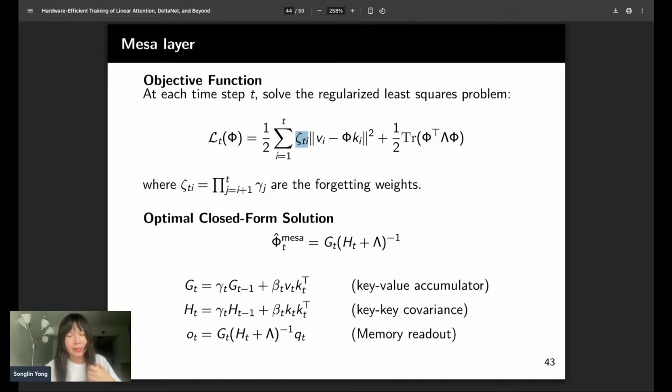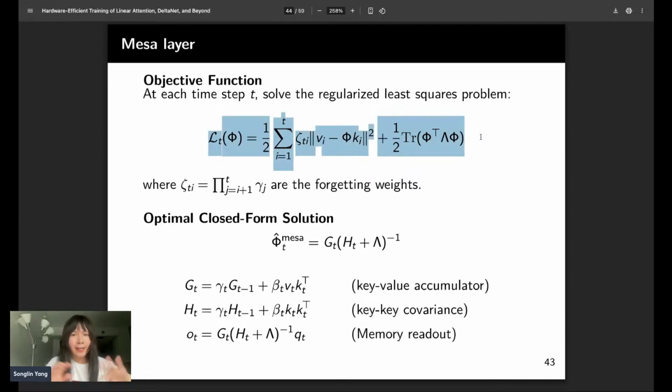And this is a common strategy in the online learning literature. And also we have a regularization term to regularize the norm of the recurrent state. And this online learning objective is very classical. It is basically the recursive least squares algorithm's objective.